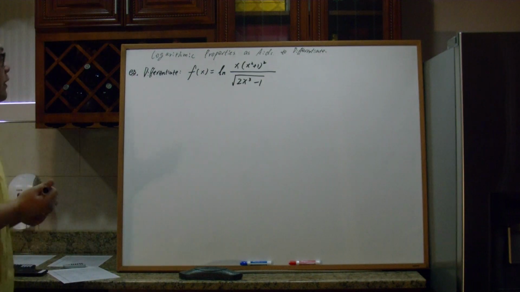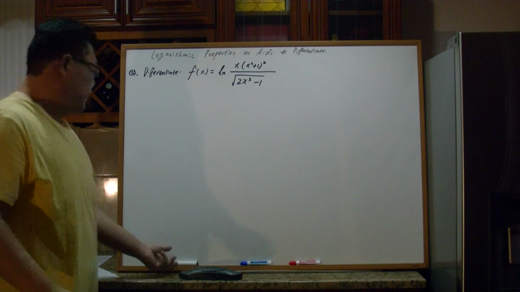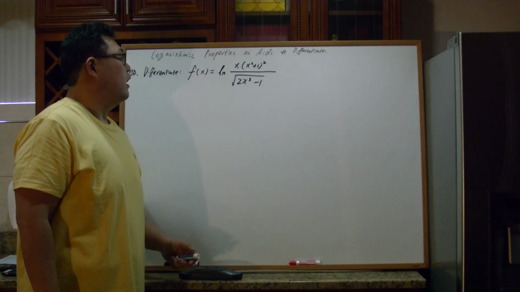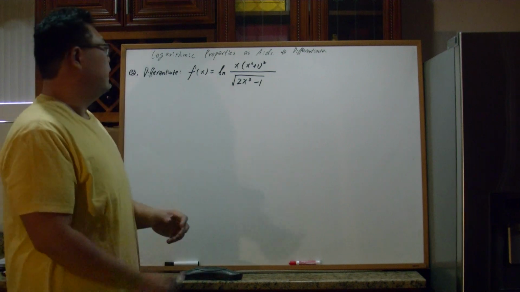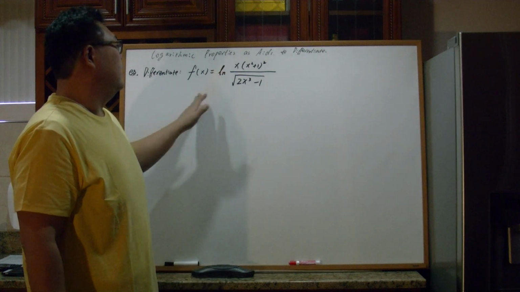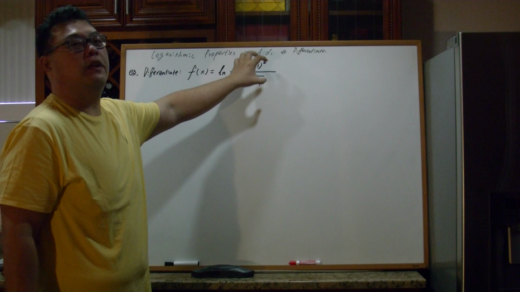Right, so for this logarithmic expression, if we directly use formulas, I don't know if you want to do them, but I don't. It is not only hard, it's a nightmare. It's 1 over that expression, multiplied by the derivative of this expression.